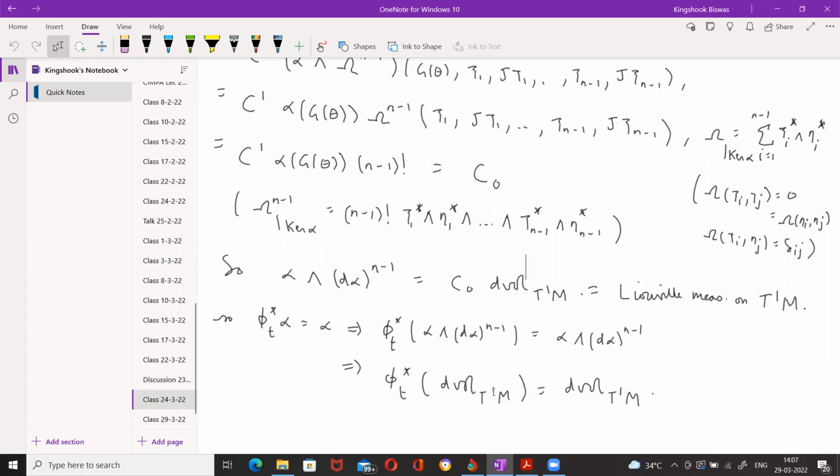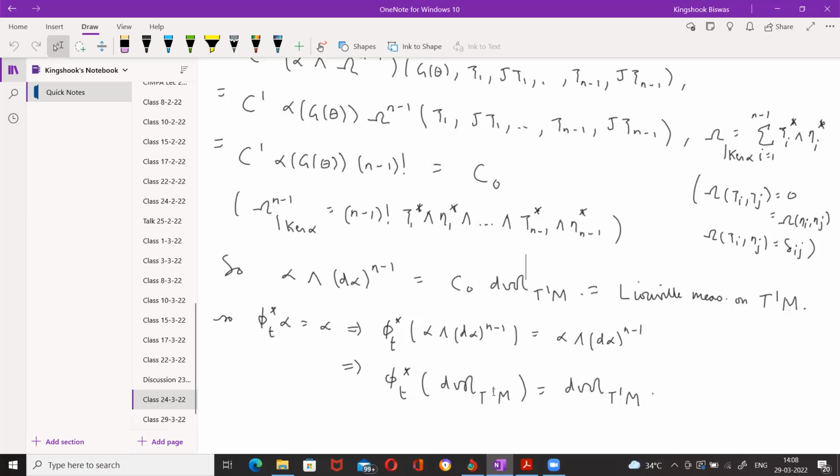T1m has the structure of what's called a fiber bundle. The tangent bundle is a vector bundle: over every point P, you have a vector space TPM, and locally the tangent bundle is a product of a vector space with an open set in the manifold. The unit tangent bundle is a fiber bundle.